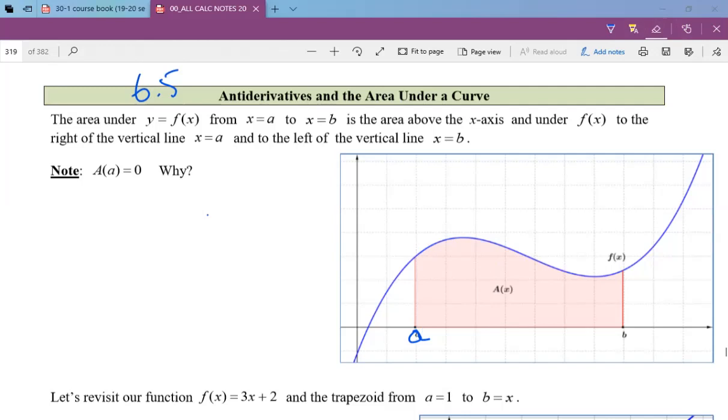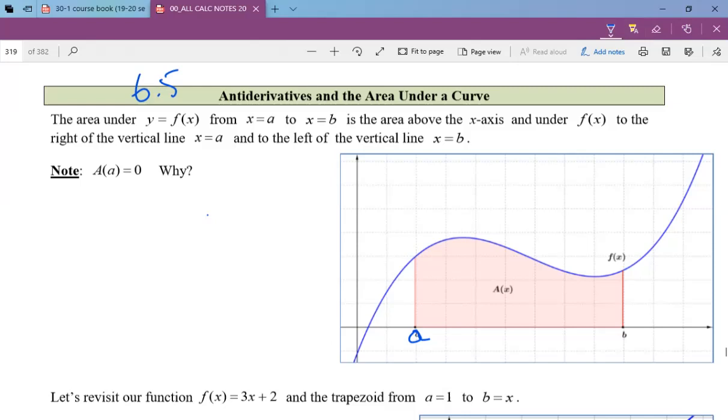what 6.5 starts off with is this discussion about, all right, so we do have this line of y is equal to f of x, and we consider the left side is x is equal to a, and the right side is x is equal to b. And we have this area that is bound between the x-axis and this curve that's above it, and is bound on the right side by the line x equals b, and on the left side by the line x equals a.